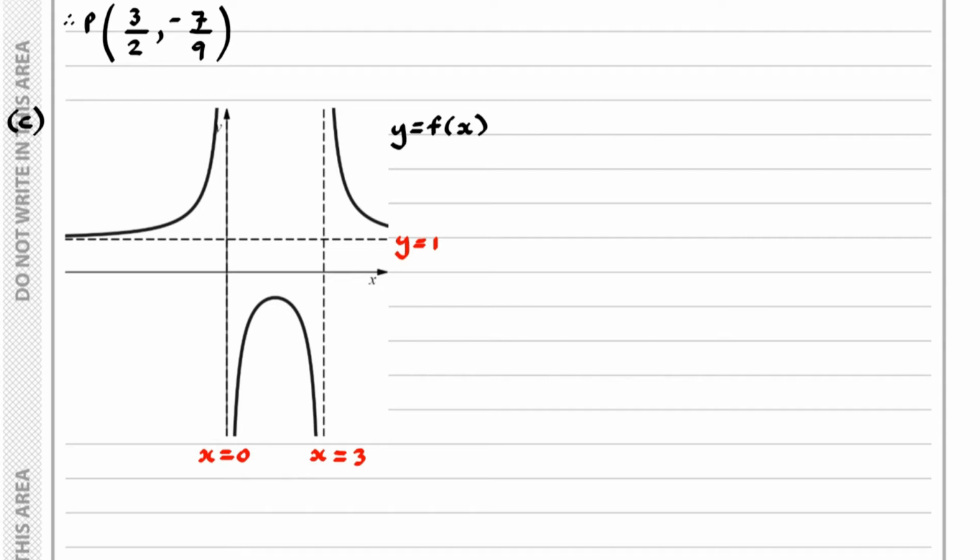And we've got our turning point, which has coordinates, well, we have 3 over 2 and negative 7 over 9, as we see over here.